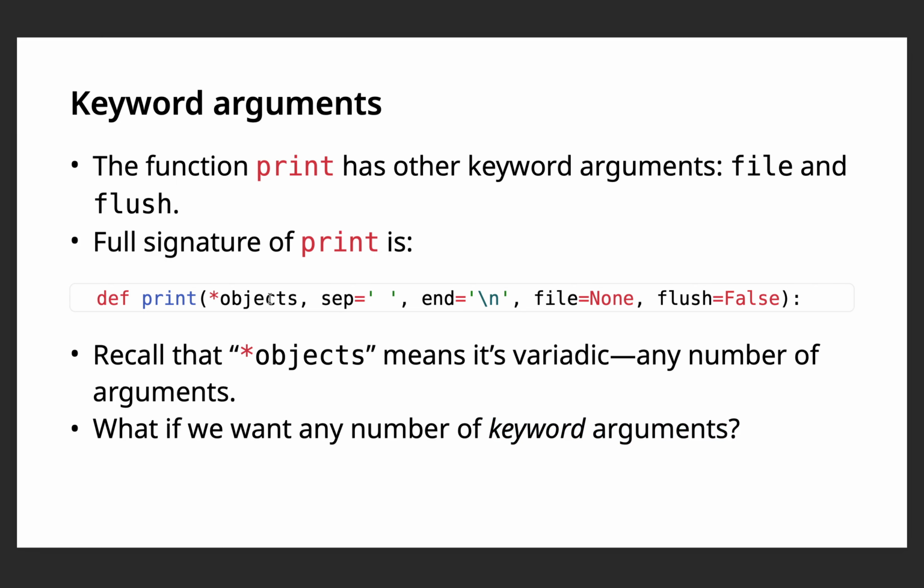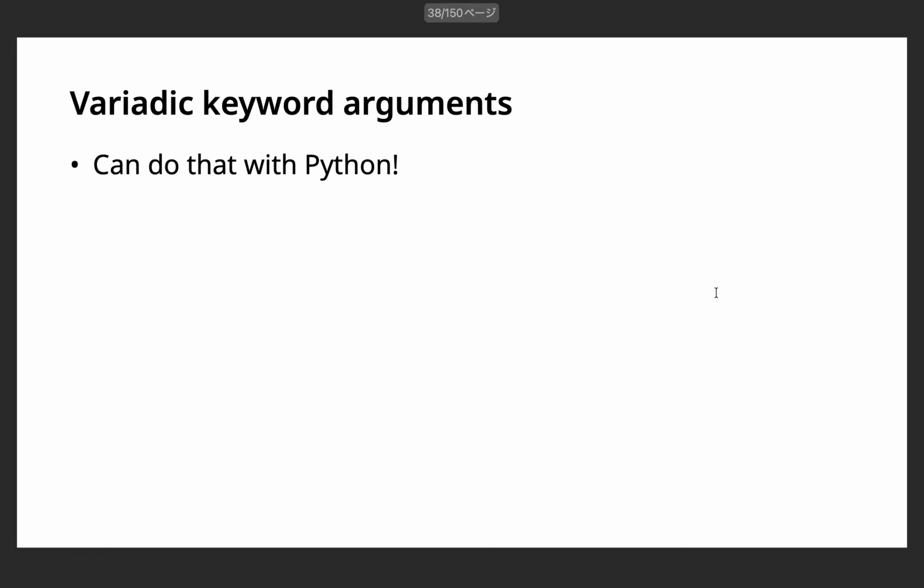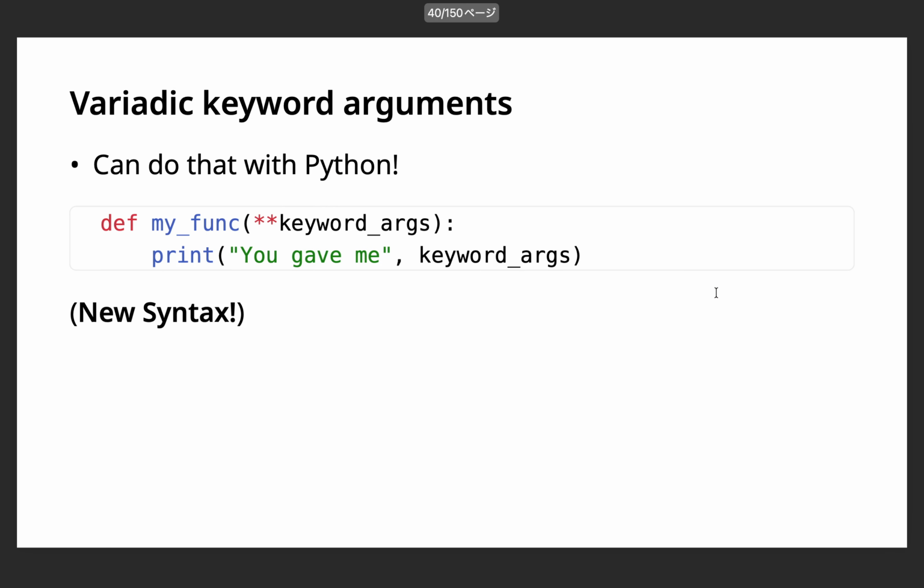So just like how we can have any number of normal arguments over here using the star, how can we have any number of keyword arguments? Well, the key to that is to use a double star. So a double star will now make it so that you can pass in any number of keyword arguments.